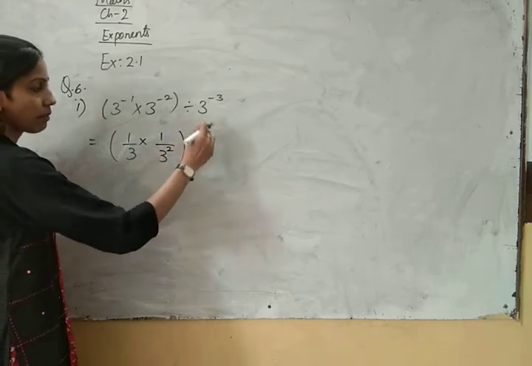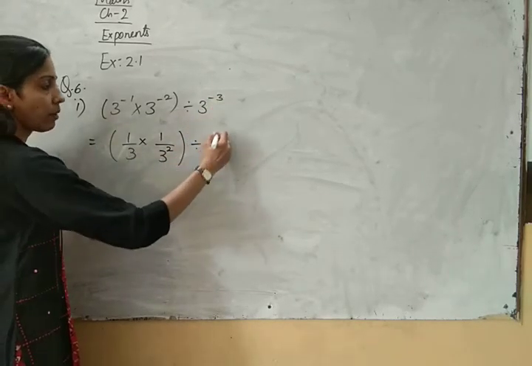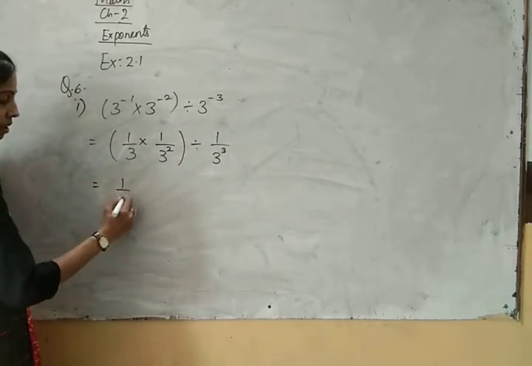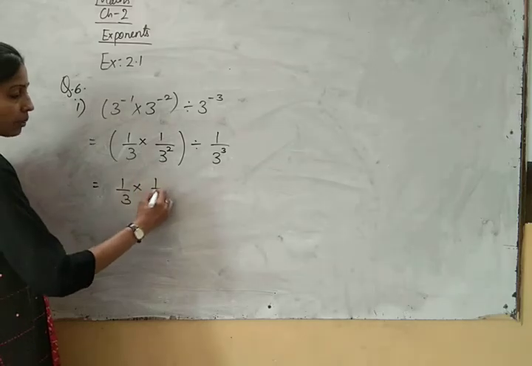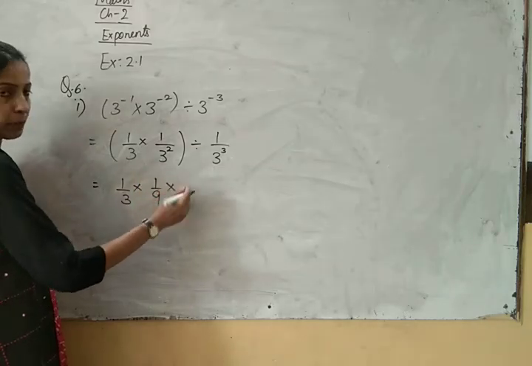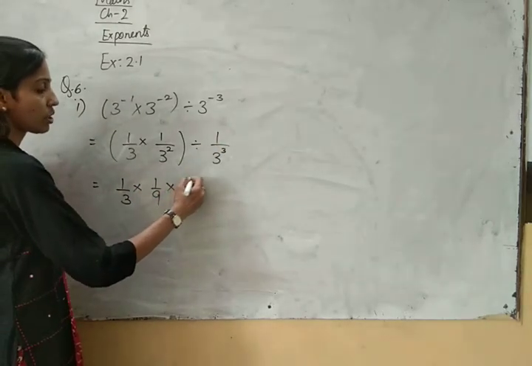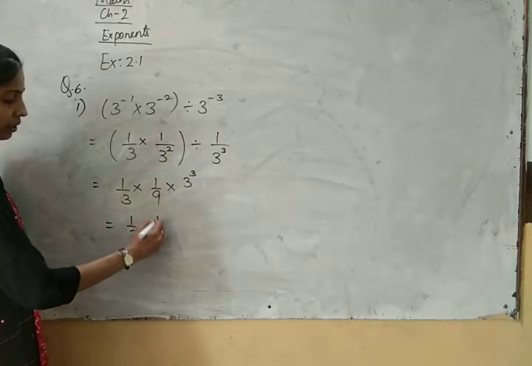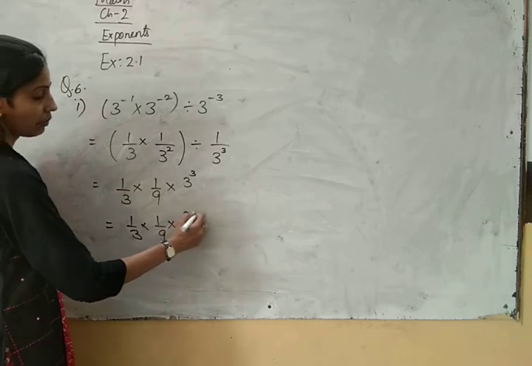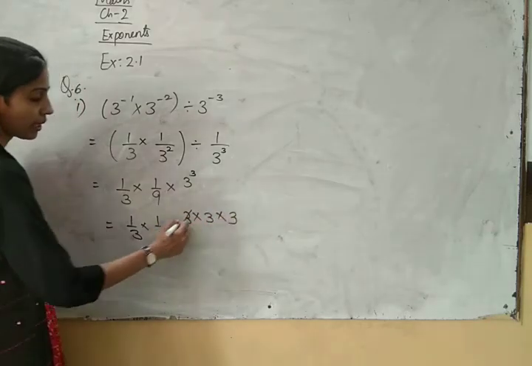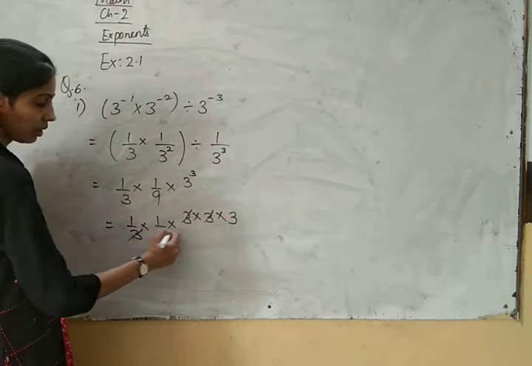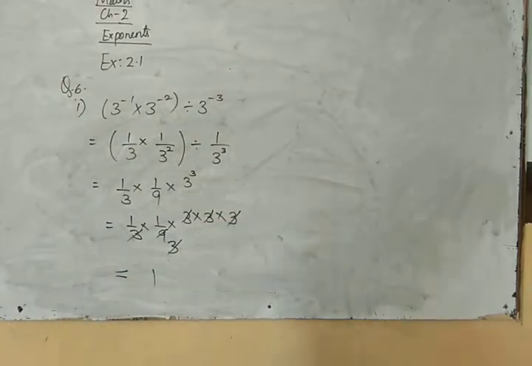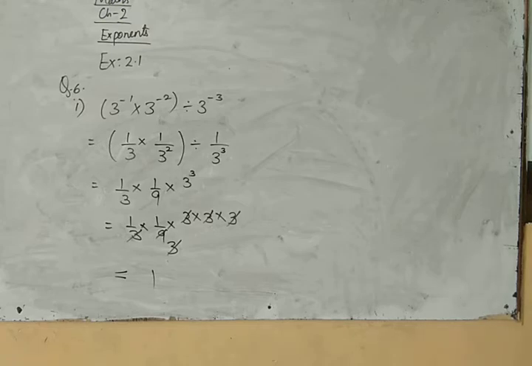Divide remains divide. 3 upon minus 3 to the power will become 1 upon 3 to the power 3. 1 upon 3 multiply by 1 upon 9, divide will become multiply and 3 will go in the numerator position. 3 times 1 upon 3, 1 upon 9, 3 we write 3 times. Now we cancel out. 3 ones are 3, 3 threes are 9, 3 ones are 3. Answer will be 1. Rest part you have to do it yourself.